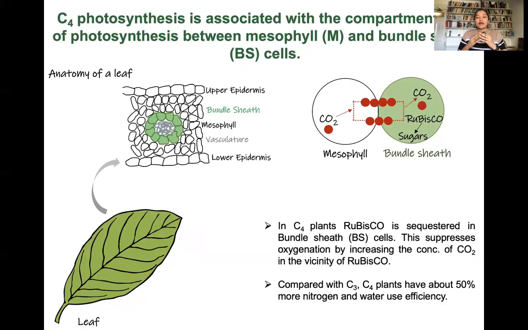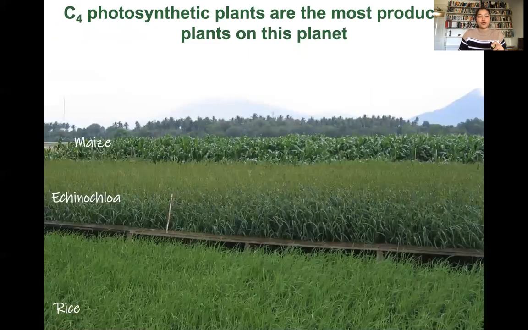So if we compare C3 plants and C4 plants, C4 plants have 50% more nitrogen and water use efficiency, and they are also efficient at fixing carbon dioxide and have better yields. So C4 plants actually make up the most productive plants on this planet. So I would like to relay this point by showing you an image of a field in the International Rice Research Institute in the Philippines.